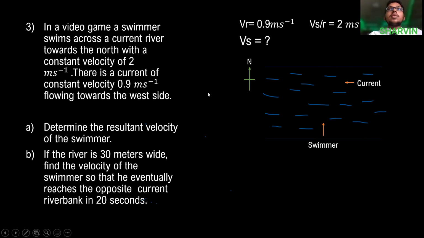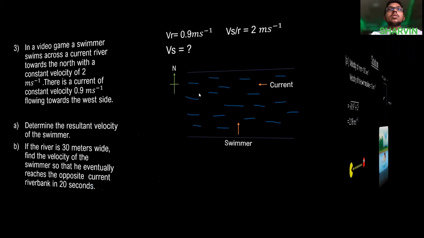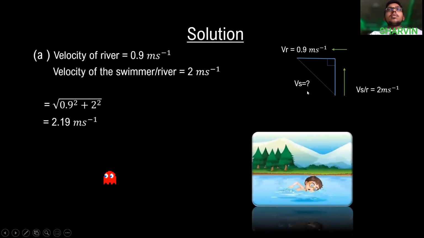So the velocity of the river is 0.9 meter per second. The 2 meter per second itself is basically the velocity of the swimmer relative to the current. So it means this 2 meter per second is actually affected by the current of the river. So we have to find the velocity of the swimmer.